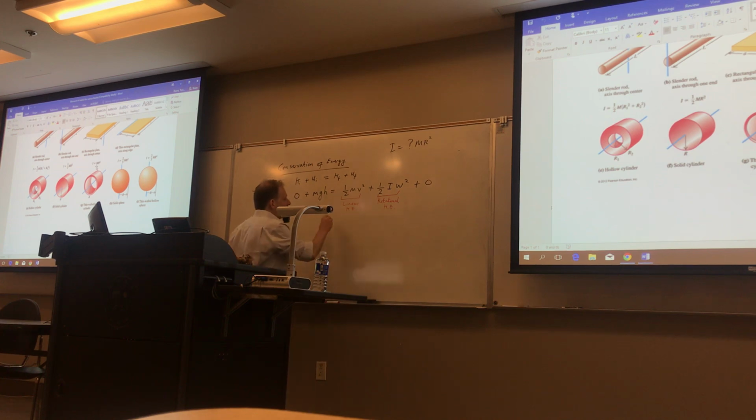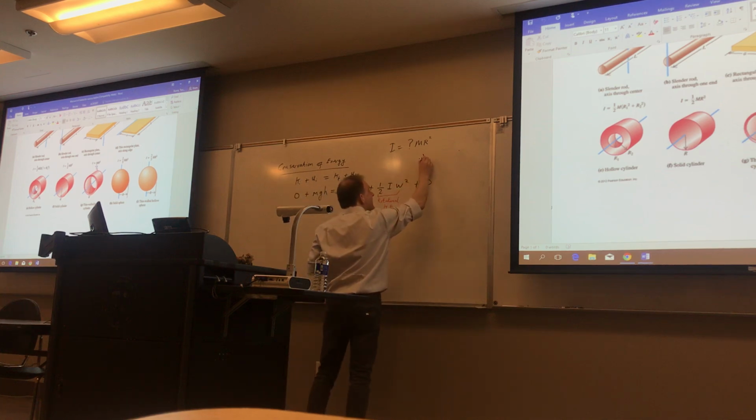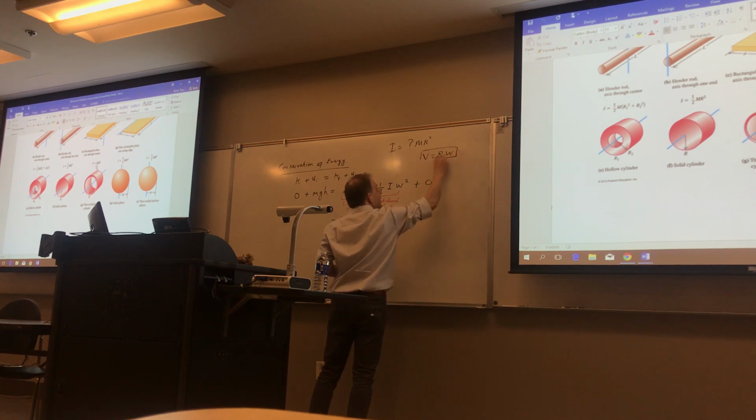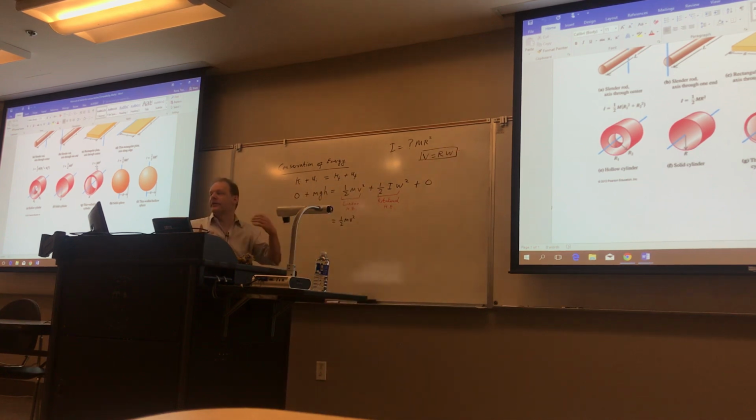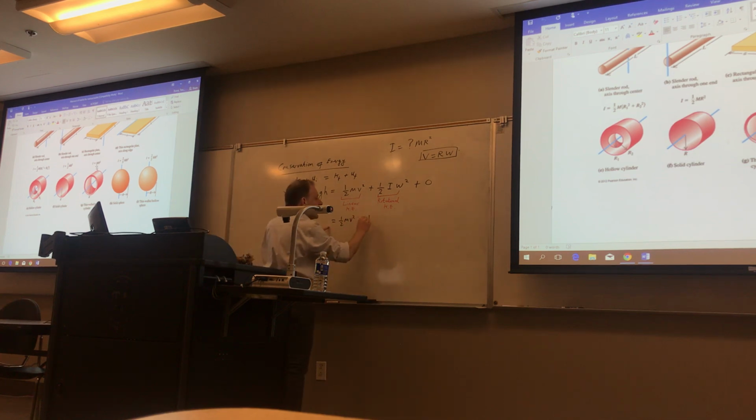We could also write this out. What is the connection between omega and v? We had v equals r omega. These are quantities that we derived last time, and I don't want to go through the derivation again. So 1/2 I omega squared would be 1/2 I v squared over r squared.